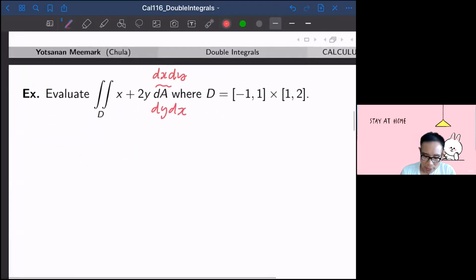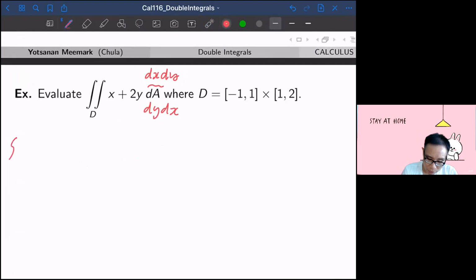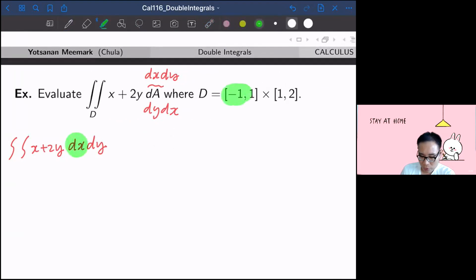So you see this will be the integral of x plus 2y, and I would let dx dy first. I have dx dy, and the green one represents x, and the second one turned out to be y, which is the yellow one.